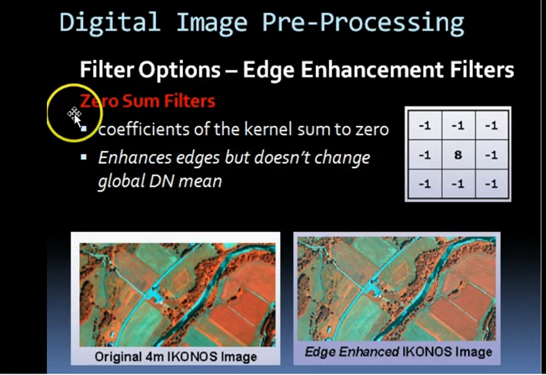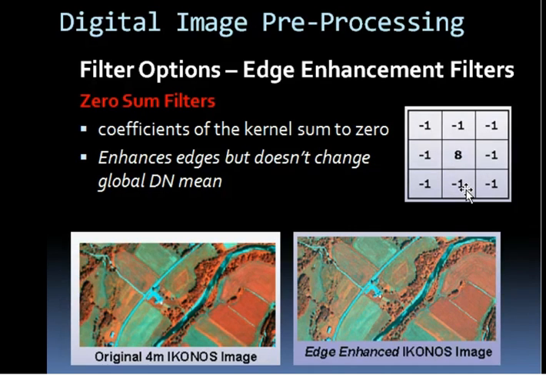One really common example is what we call a ZeroSum filter, and what this means is that when you take the contrast between that center pixel and all of its surrounding pixels, they'll always sum to 0. And what it does is it increases the contrast without actually changing the histogram itself, because all of these weightings will ultimately, as this window moves across the image, always average out to the same value for the whole image.